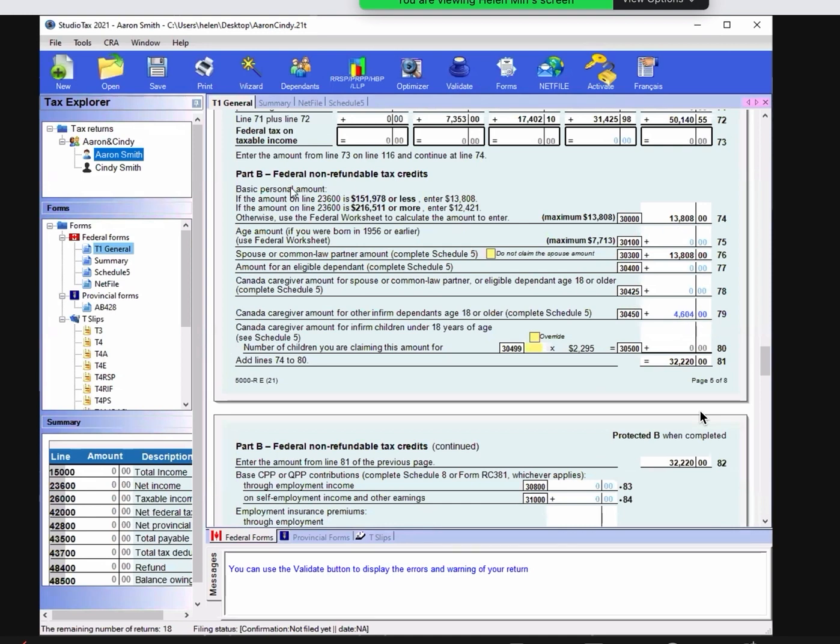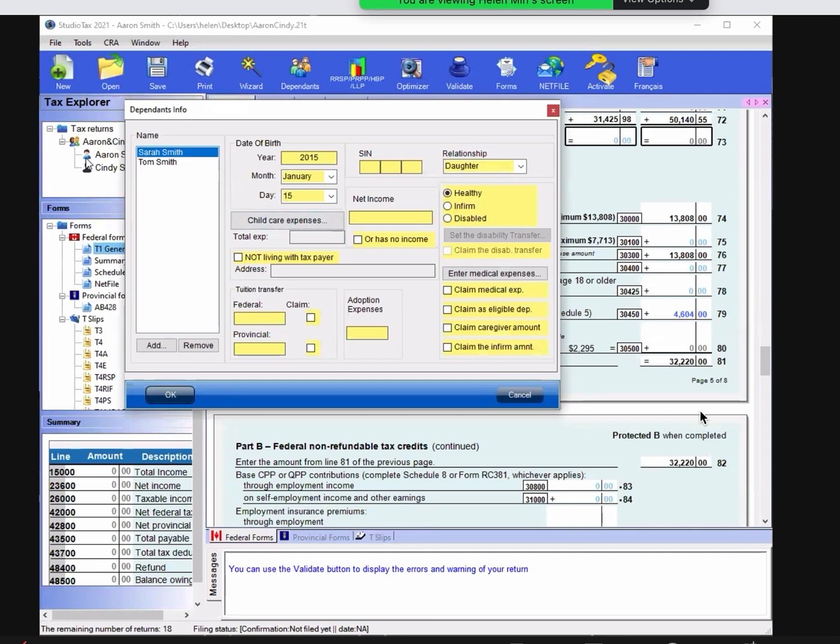You see, Aaron is Tom's, right? You click on Tom. Aaron claims everything. So it's for Aaron as father-in-law. On Cindy, because Cindy is not claiming, don't change Cindy because they share the dependent. Is that clear? Yes, ma'am, clear.